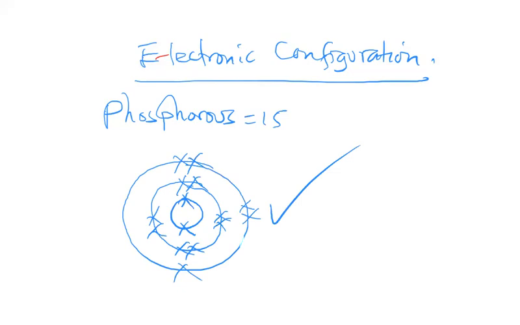So phosphorus will have 2, followed by 8, followed by 5. So you still remember what we looked at.